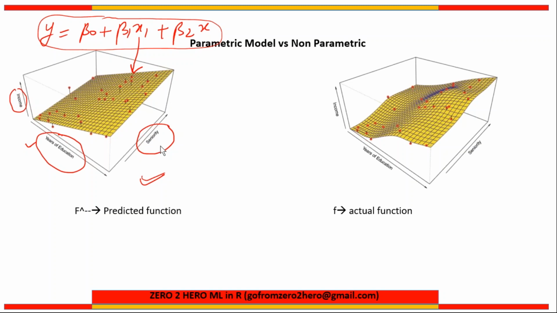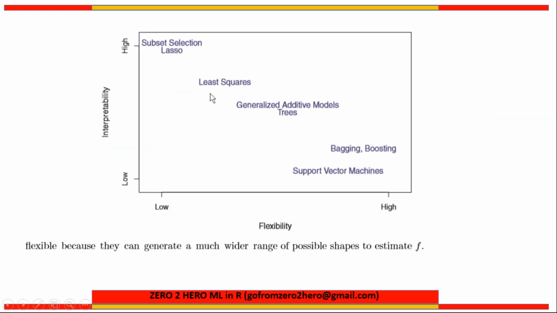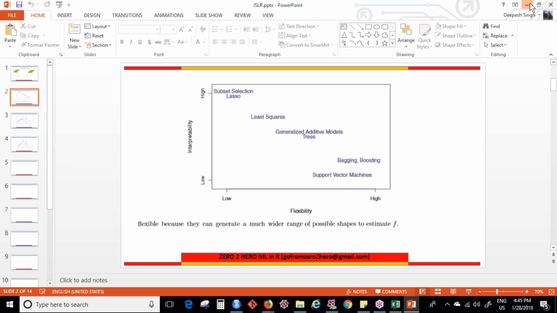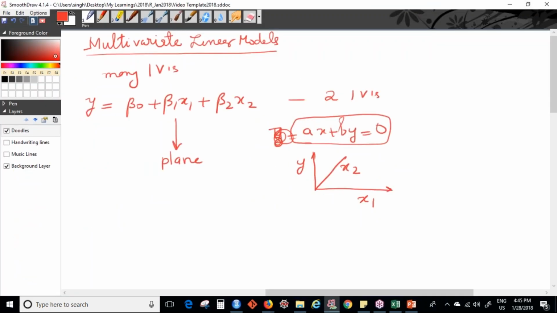Both these variables, seniority and years of education, will influence your y, and they will have a different coefficient now. So now this is considering two independent variables, right?